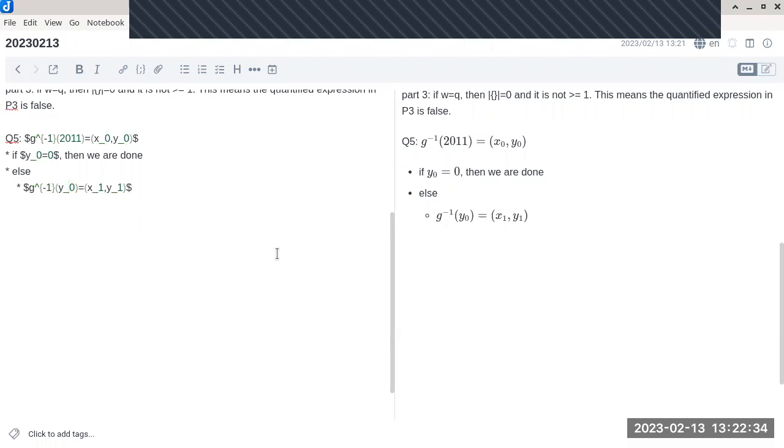So I'll call these x1, y1. And the question is, what if this y1 is a 0? That means we're done. What if this y1 is not a 0? Then you split it again into x2, y2. If that y2 is not 0, split it again into your x3, y3, and so on. So x0 is the first character, x1 is the second character, x3 is the third character, and so on.